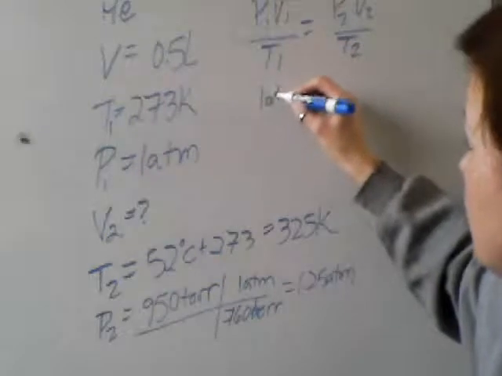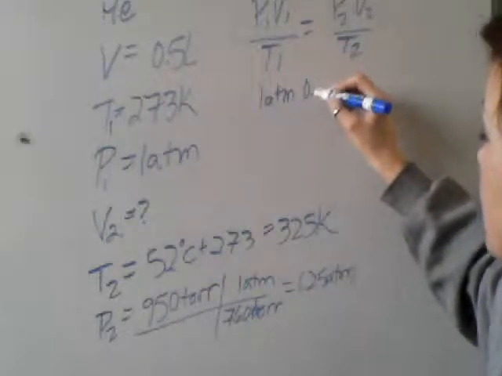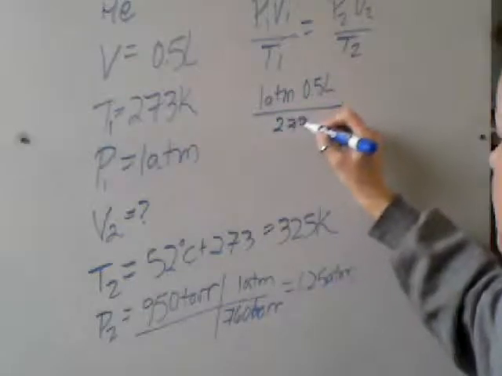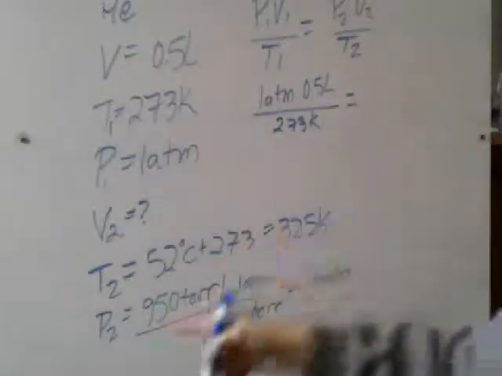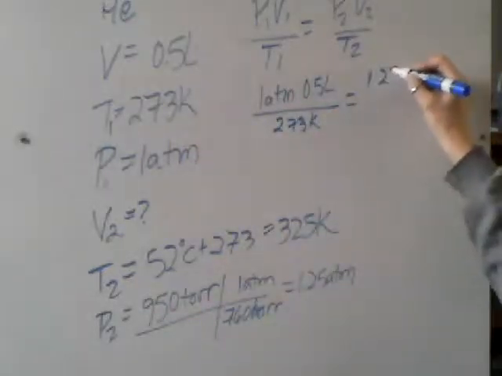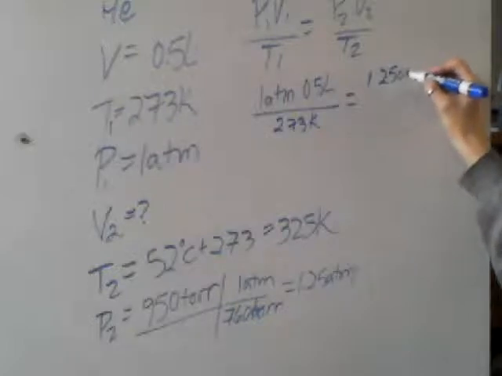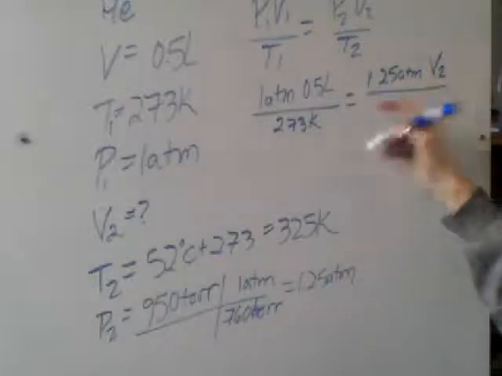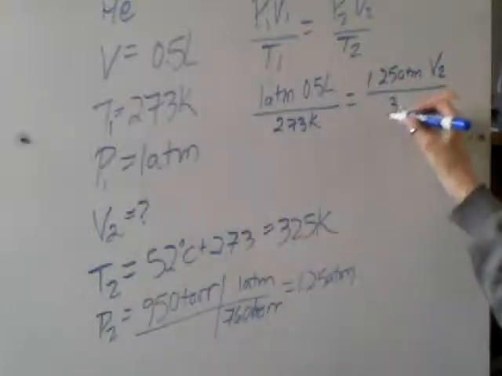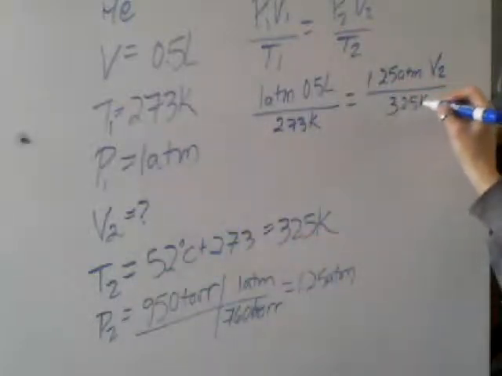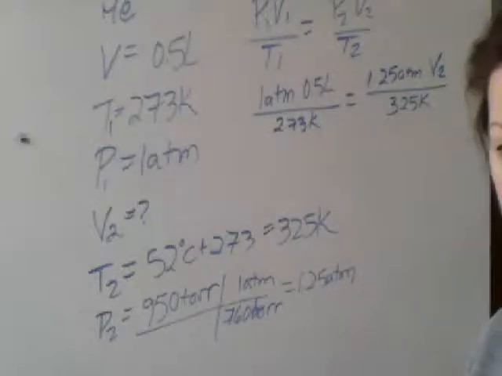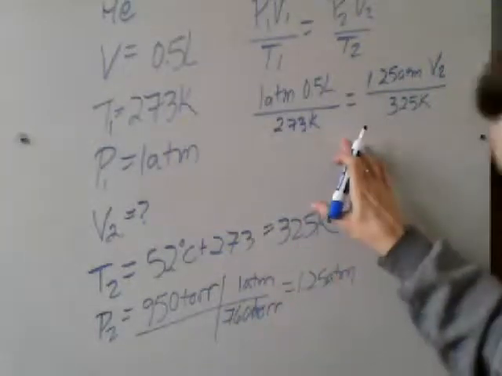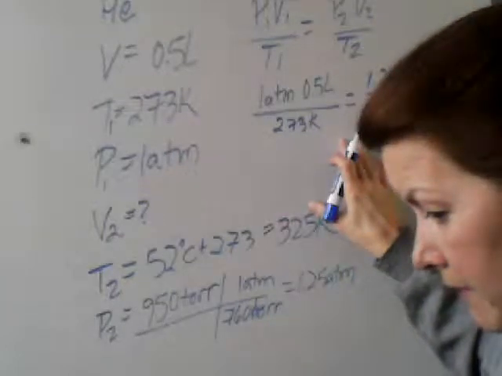So 1 atmosphere times 1/2 a liter divided by 273 Kelvin equals our new pressure, which was 1.25 atmospheres. We don't know what our new volume is, and we know that our new temperature is 325 Kelvin. Be careful with your algebra when you're doing this, and step through it carefully.